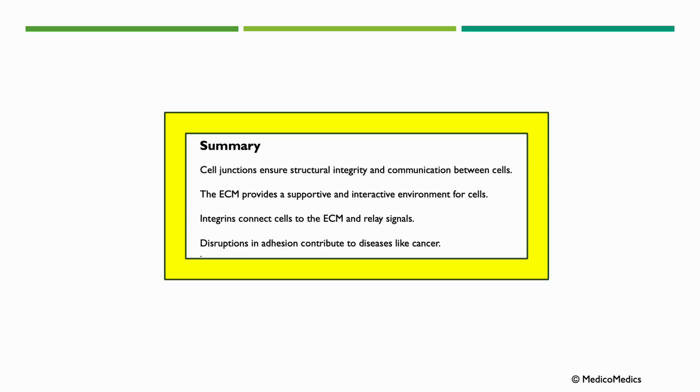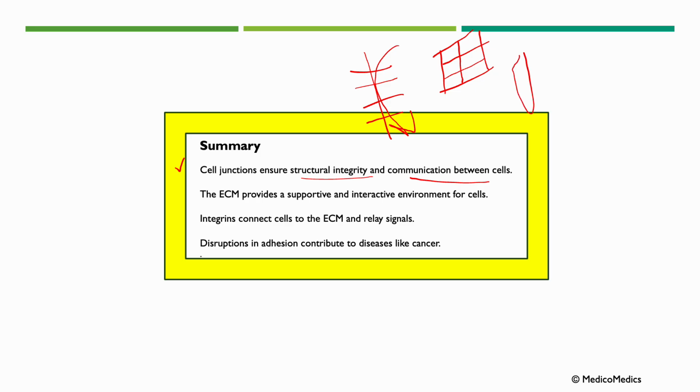So in summary then, cell junctions ensure structural integrity and communication between cells. We mentioned tight junctions, right? As the name suggests, it's quite difficult getting through. The other one is gap junctions, like in our heart cells. Another one is desmosomes, where cells are kept connected.